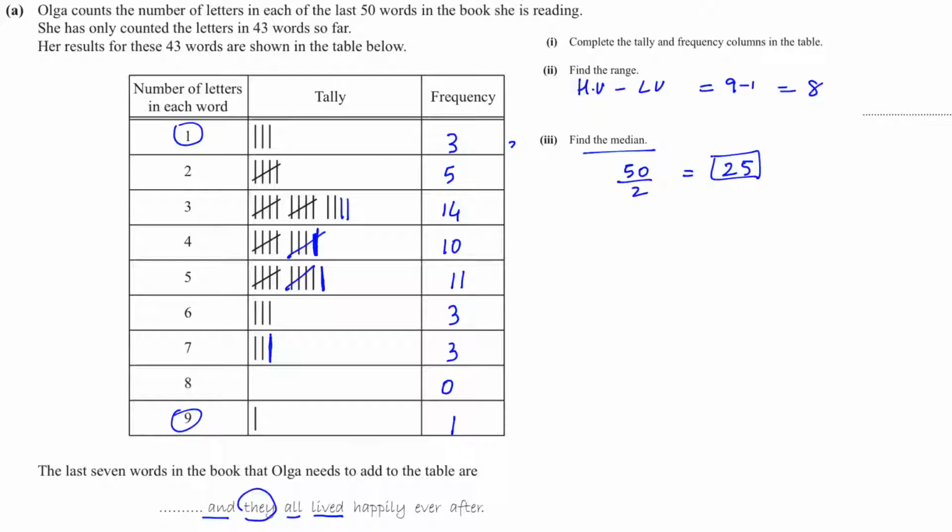So this is 3, 3 plus 5, 8, 8 plus 14, 22, 22 plus 10, 32. We can see that your median is in here. So what is the corresponding value? 4. The median is 4.